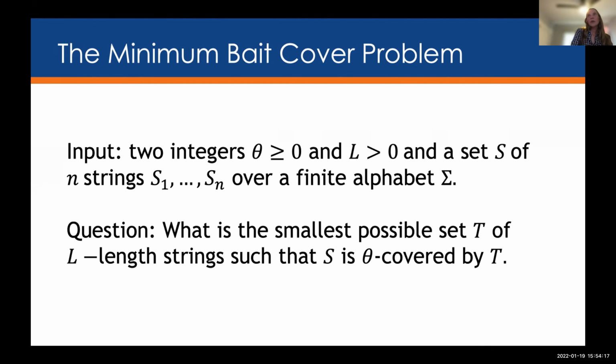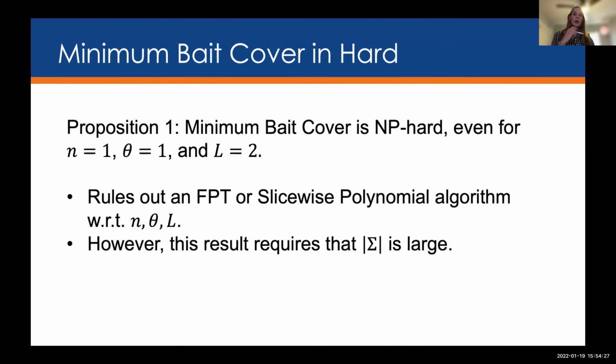Given this particular formulation, we were wondering what the general computational complexity of the problem is, which led us to the following proposition. We showed that the minimum bait cover problem is NP-hard, even for n equal to 1.